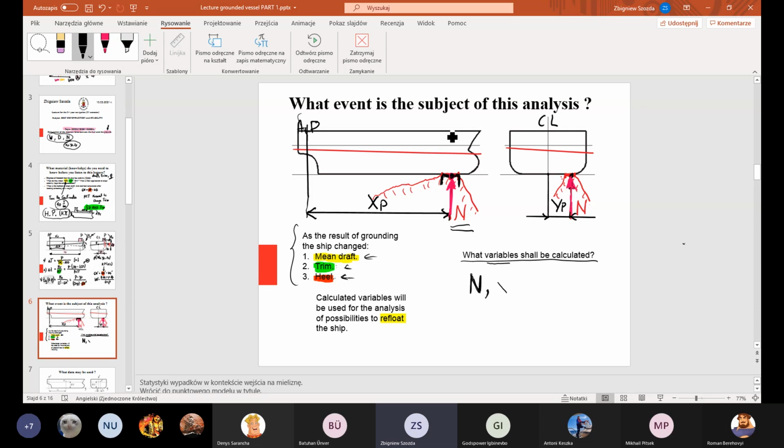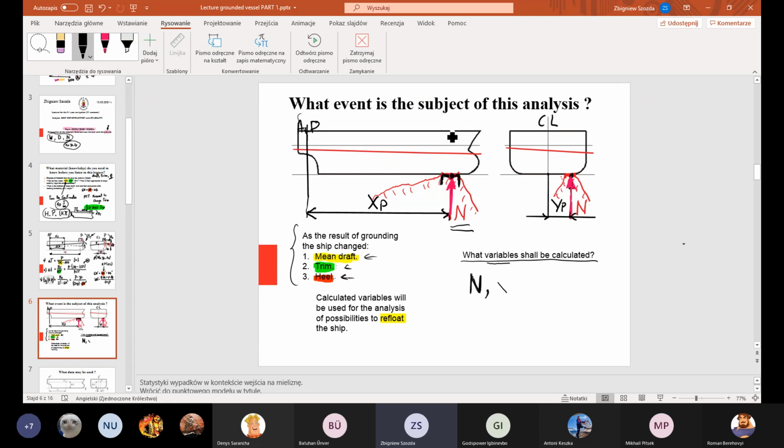Do you follow? Does everybody follow this idea? Actually, contact between ground and vessel, it is area. Maybe small, maybe large, I don't know. Nobody knows. Area, and the real action of the ground onto the hull, it is additional pressure.